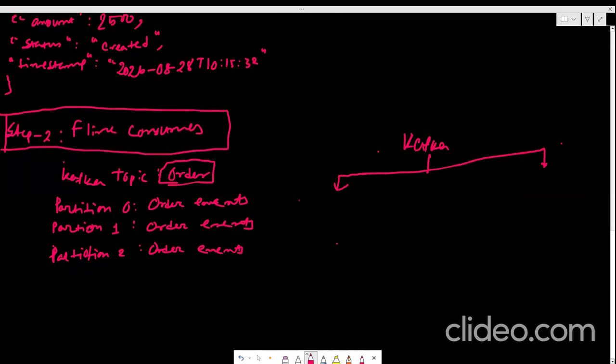So there is Flink task one, Flink task two, and here Flink task three. So this allows the pipeline to scale horizontally.